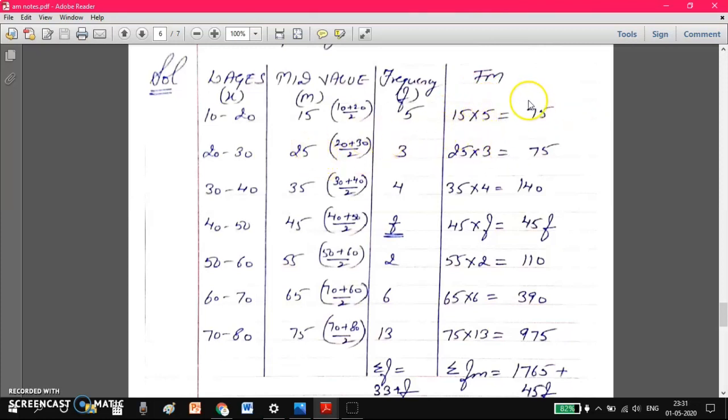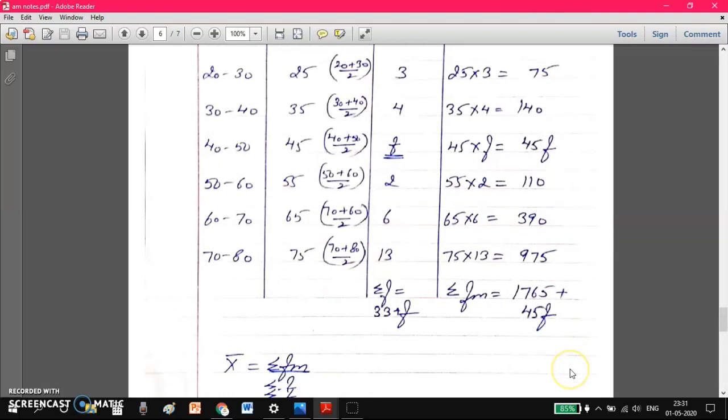So the multiplication of f and m will be done, and in the 40-50 class where we have to find the value of f, at the time of multiplying 45 with f, we'll write 45f. We have to mention this in the total as well.